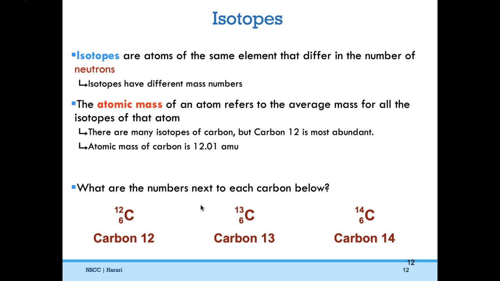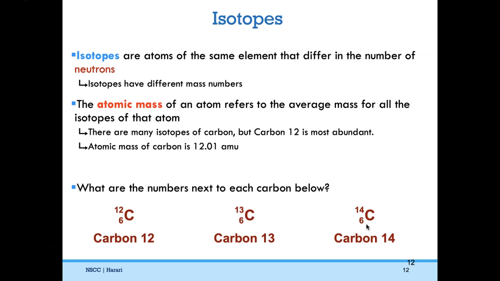So what are the numbers next to each carbon atom below? You should be able to tell me what each number represents. The lower number is the atomic number, meaning it's the number of protons. And no matter what, if you're carbon, you have 6 protons. If you have 7 protons, you're not carbon anymore; you're nitrogen.